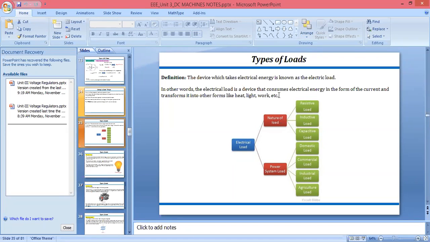It means we can say a microwave oven is an electrical load because it takes electrical energy and converts it into heat.